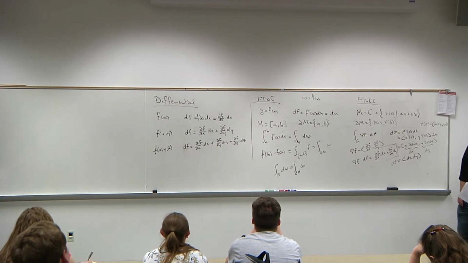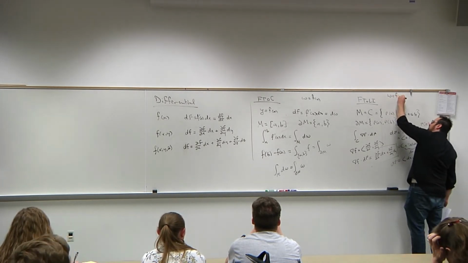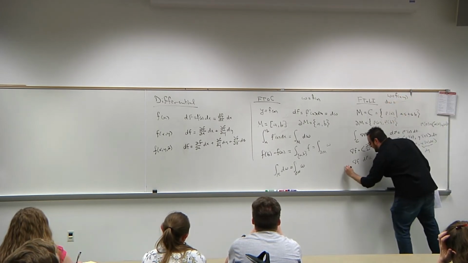And have we seen that before? What is it? It's df. So I'm going to let omega, again, be f of x y, or f of x y z, whatever you want. Then d omega is this guy.